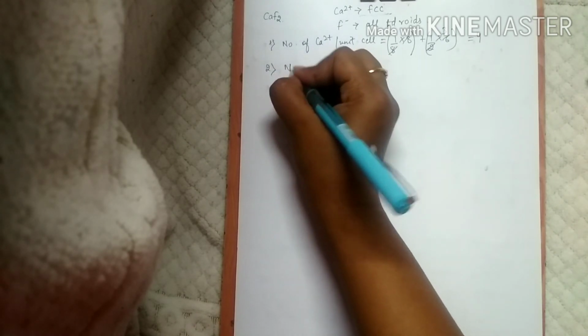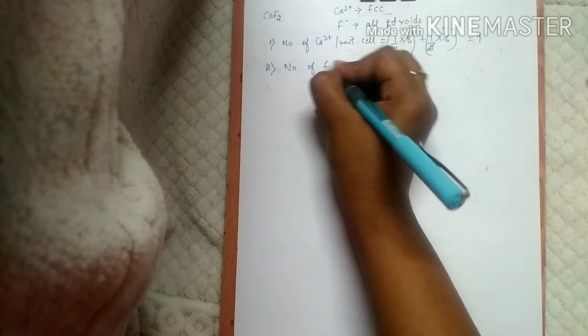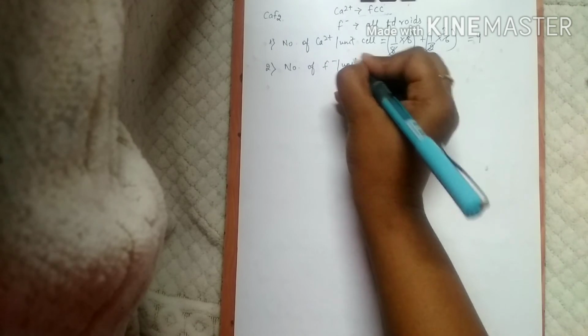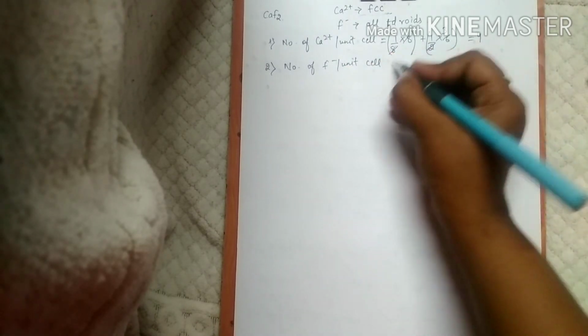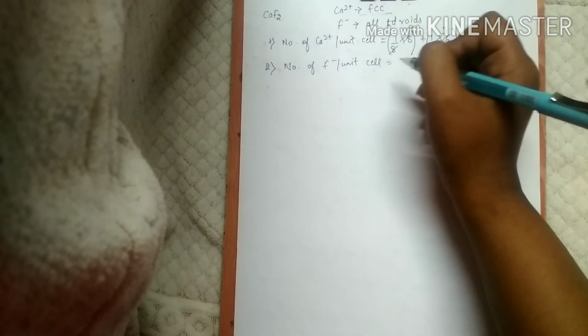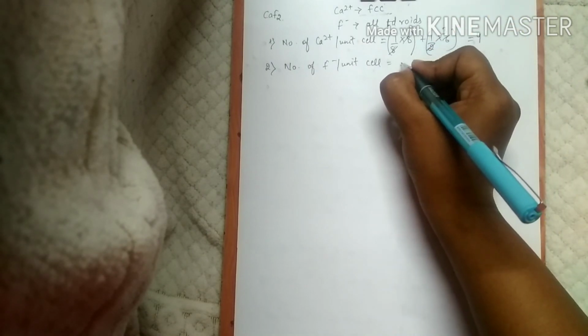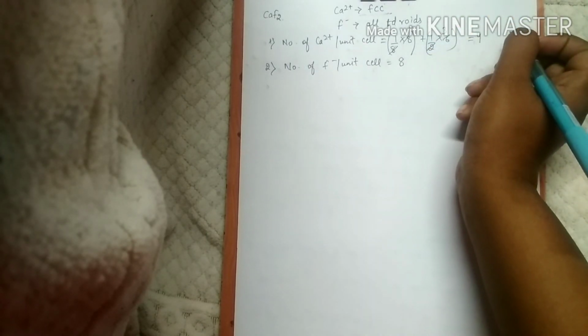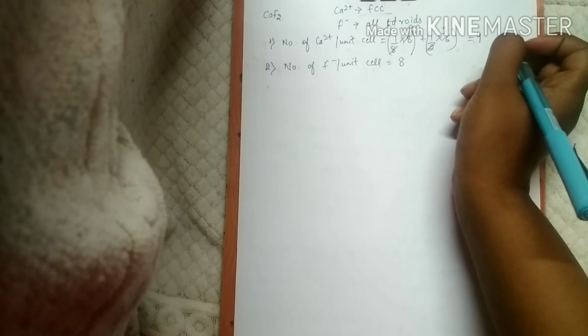Second is the number of F- per unit cell. I have told you any atom present in a tetrahedral void contributes fully, because tetrahedral voids are present as a whole inside the unit cell. So it will be equal to 8, because there are a total of 8 tetrahedral voids.